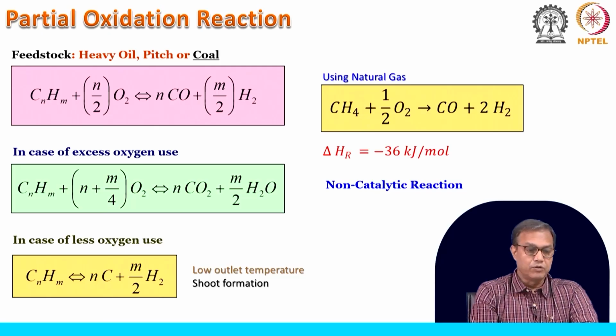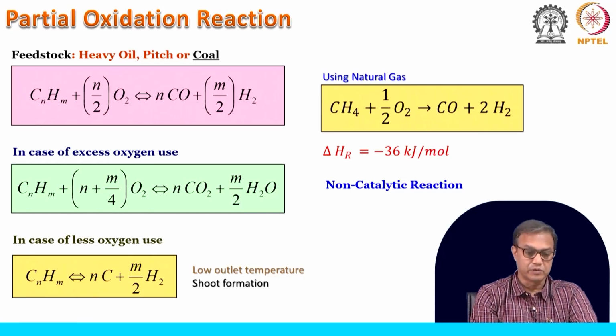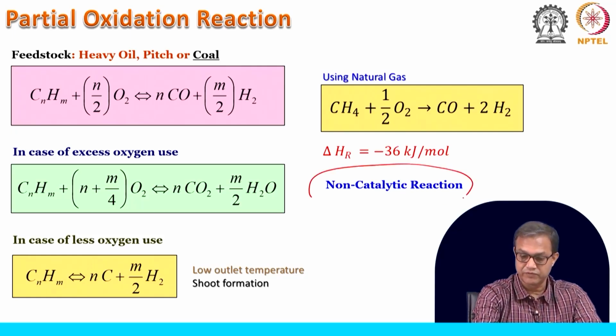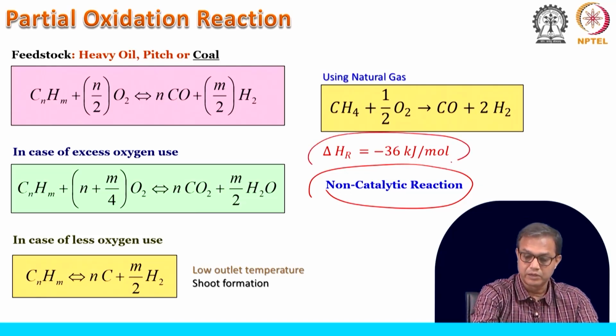So, now let us look into the partial oxidation reaction. We have also talked about it, and this is the summary of that partial oxidation reaction, where we have seen that the salient feature is that it is a non-catalytic reaction, and it is exothermic in nature.